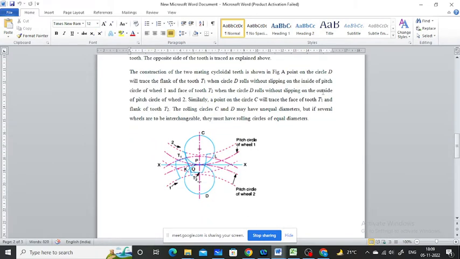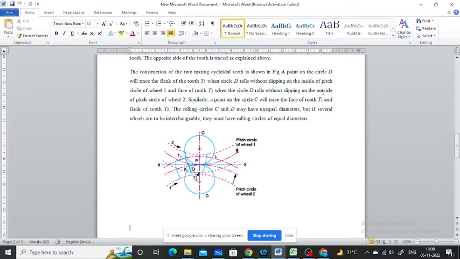Okay, there are two gears with cycloidal teeth meshing, and a point on the circle D, the lower circle, will trace the flank of the tooth T1 when circle D rolls without slipping on the inside of the pitch circle of wheel 1, and the face of the tooth T2 when the circle D rolls without slipping on the outside of the pitch circle of wheel 2.